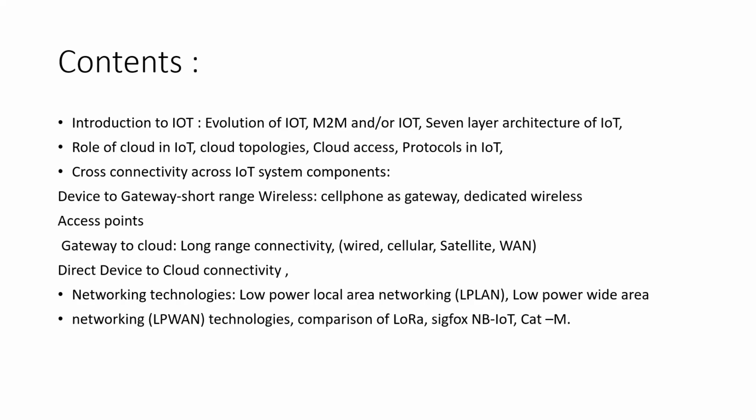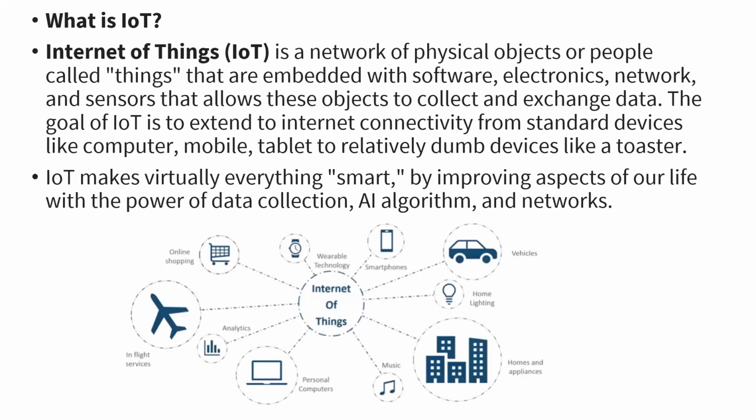Okay. So first let us define what this Internet of Things is. As you can observe on the screen, what you can see on the screen? Can anybody tell me? In this figure, what you can observe?